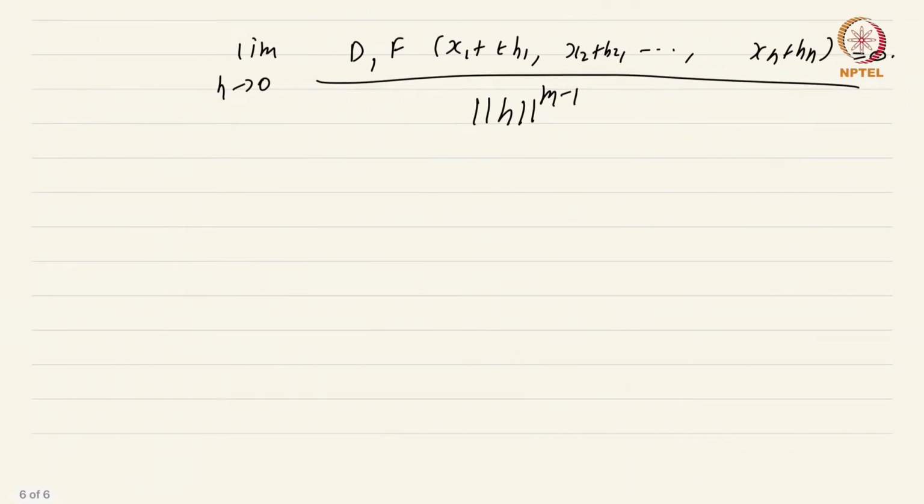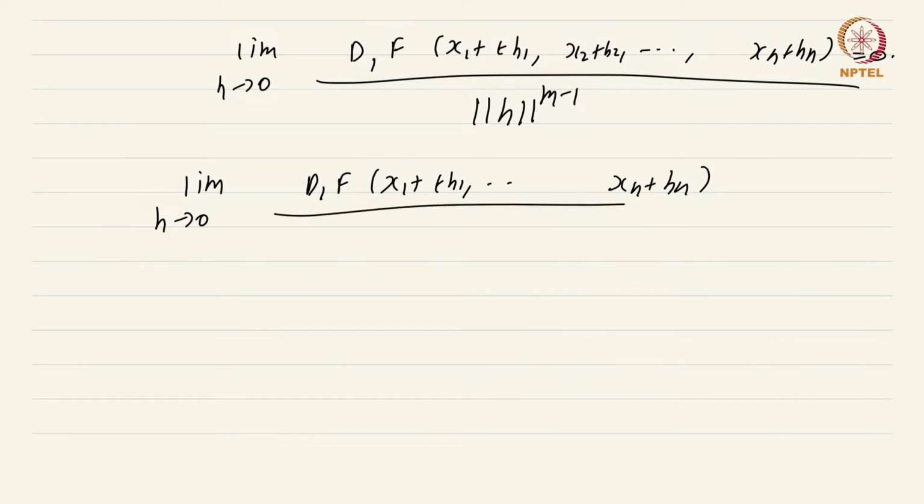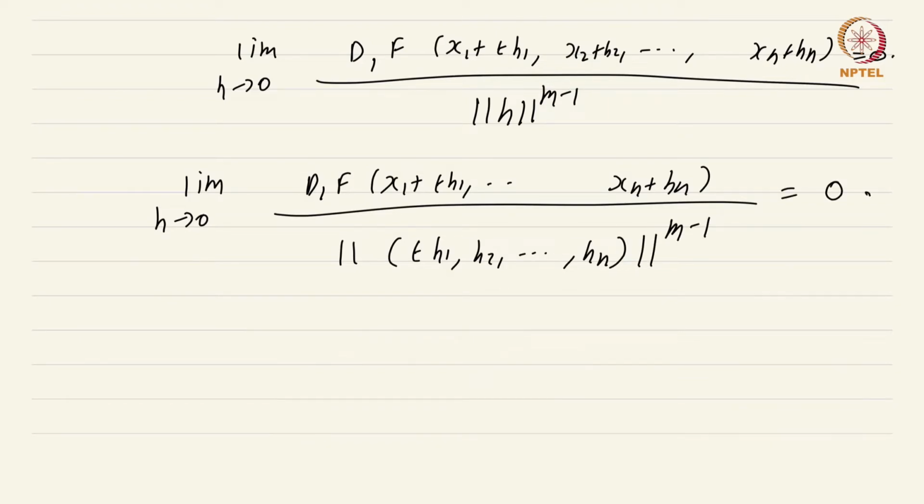Now again, by induction hypothesis, we know that limit h going to 0 of d1 of f of x1 plus t h1, comma dot dot dot xn plus hn, I am abbreviating because I am getting bored writing the same thing again and again, but in the denominator you have norm of t h1, h2, dot dot dot hn power m minus 1, equal to 0. This just follows by induction hypothesis. But norm h power m minus 1 is greater than norm of t h1, dot dot dot hn power m minus 1.